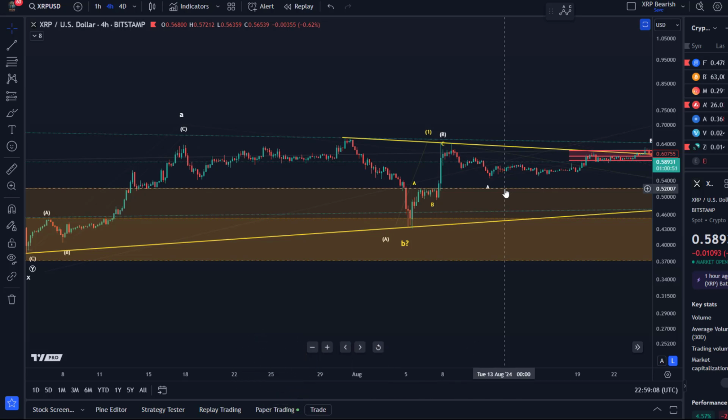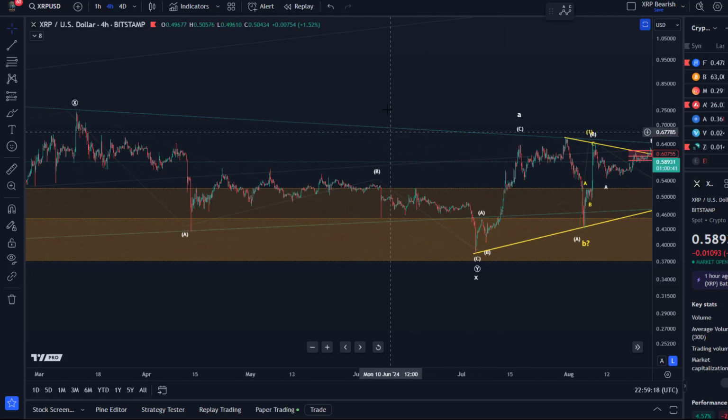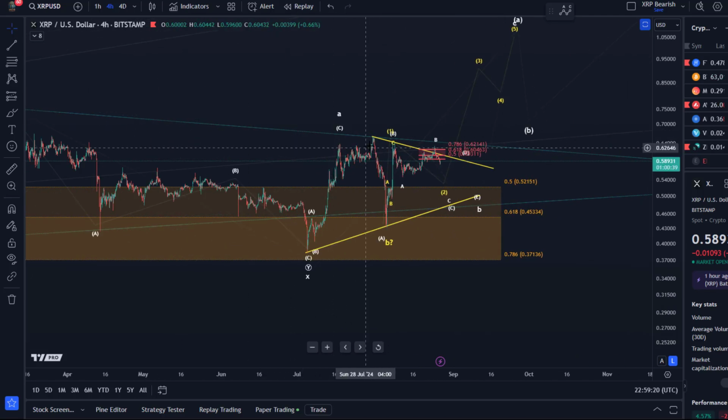That's why we remain in these corrective patterns on the XRP chart. The forecast is always that the correction is set to continue until we see a decent 5-wave move, because with a 3-wave move, you don't really get that confidence of where the trend is going. The trend might not go anywhere, so it's just sideways.